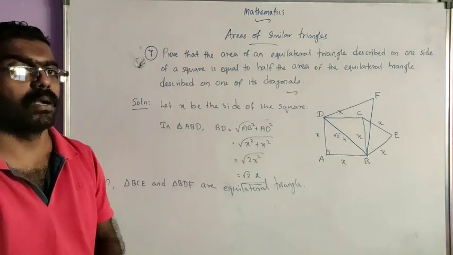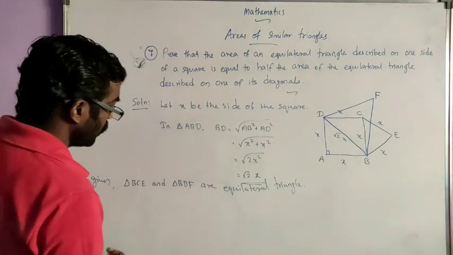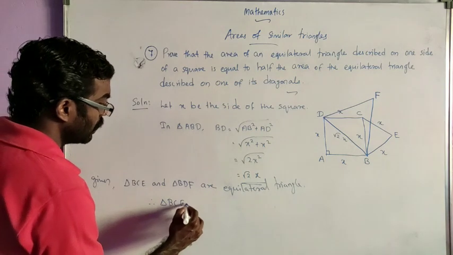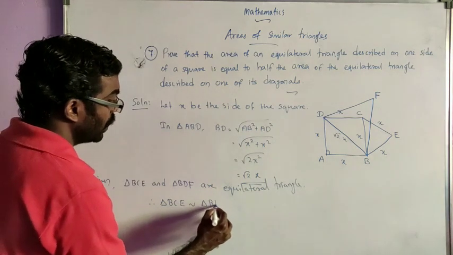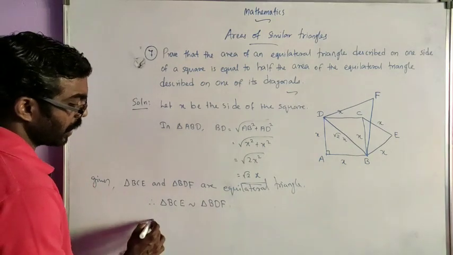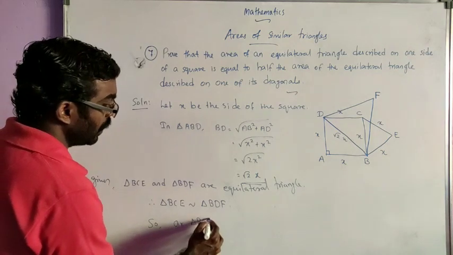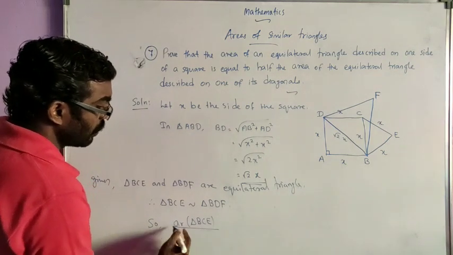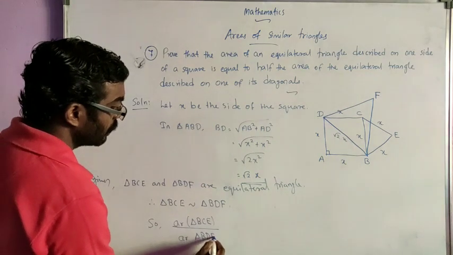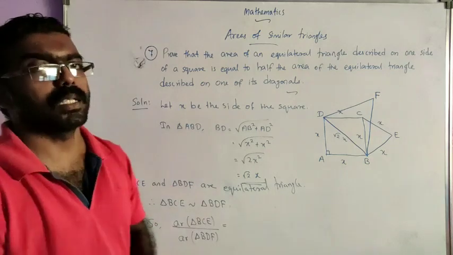All equilateral triangles are similar. So using that concept we can write, triangle BCE is similar to triangle BDF, and hence area of triangle BCE divided by area of triangle BDF will be equal to the square of the ratio of their corresponding sides.